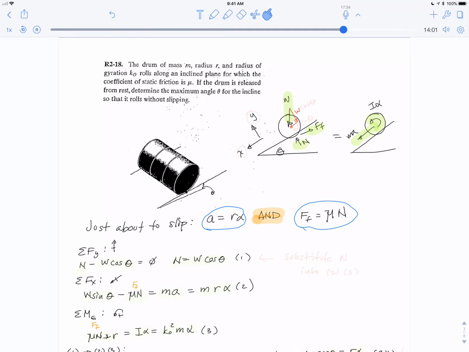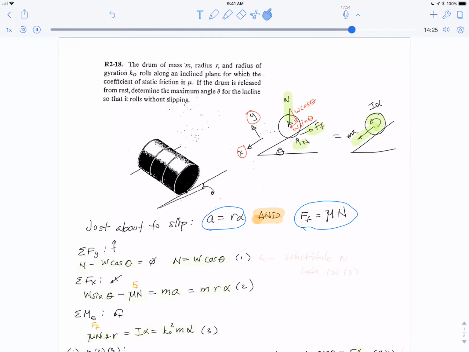That will be W cosine theta going down into the ground, and pushing it downhill will be W sine theta.